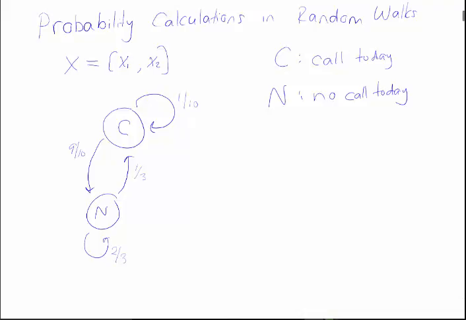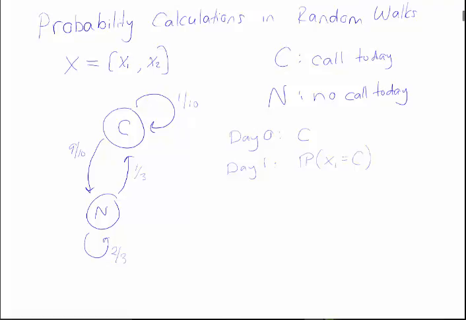So now I can start asking some questions about these probabilities. Let's say on day 0, I call my mom. And the question is, what happens on day 1? Well, for day 1, let's say the probability that I call her depends on the fact that the day before I called her.